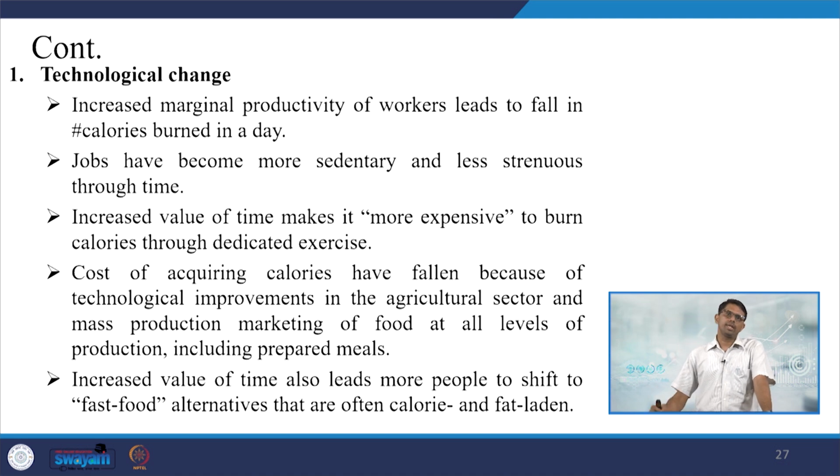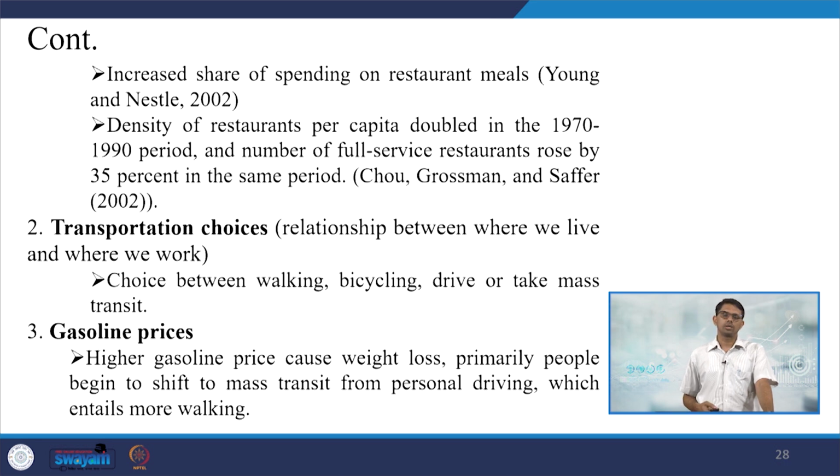Similarly, the cost of acquiring calories has fallen because of technological improvements in the agriculture sector. Increased value of time also leads more people to shift to fast food alternatives rather than better food. Often the consumption basket is overloaded with fat or high-calorie products, which is actually problematic for the human body.